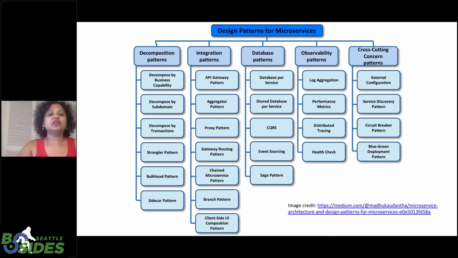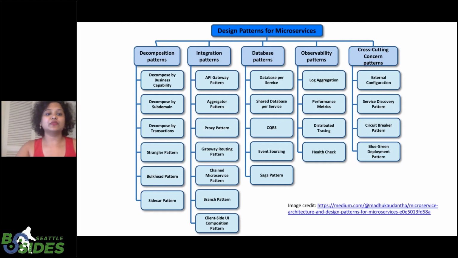As such, there are a lot of design patterns out there. Just on the screen, you can see 26 design patterns. Obviously, I don't have time to go through each one of them, so I have selected a few that I find very interesting from a security point of view. You will see in these design patterns, some of the security features are very well thought through.